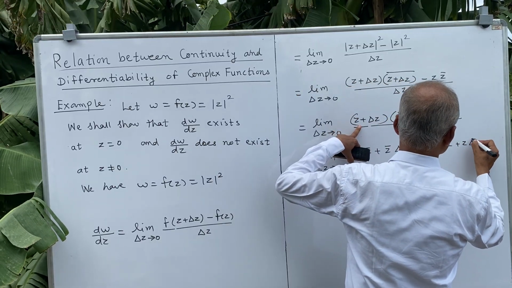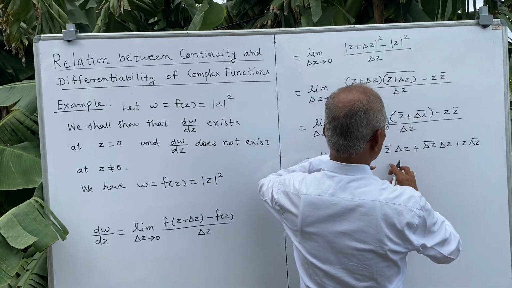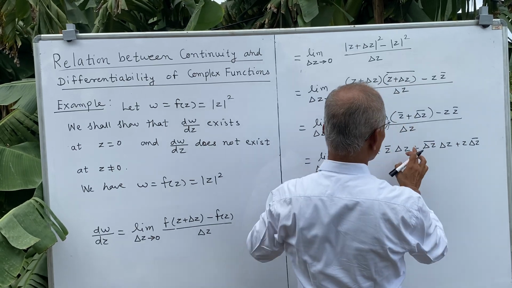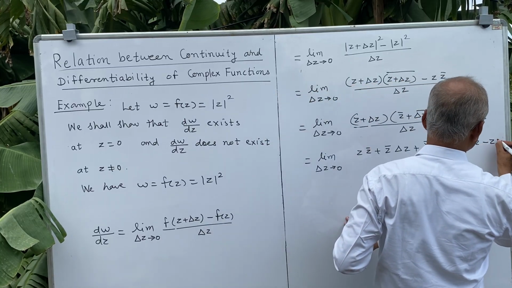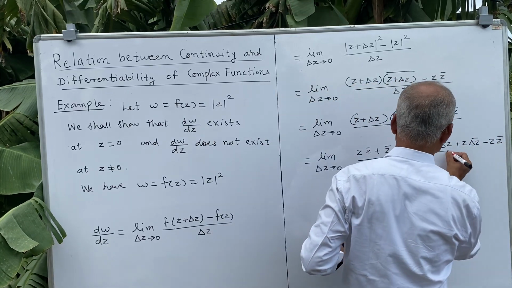So, four terms we have written, minus z z bar, all divided by delta z.